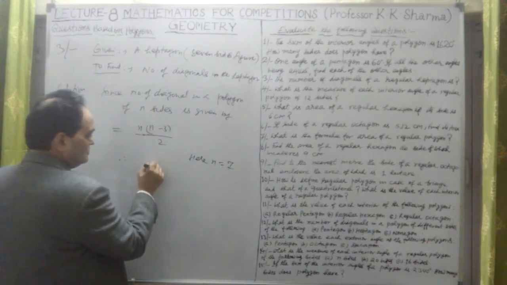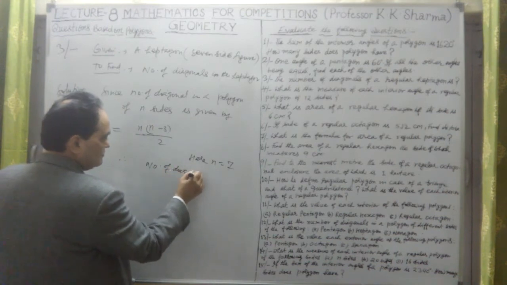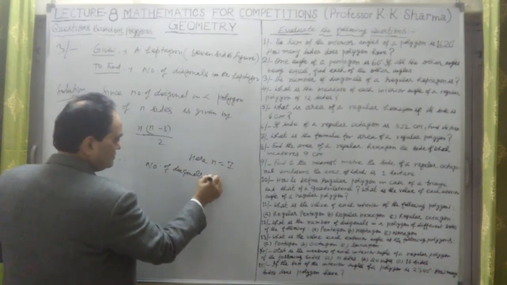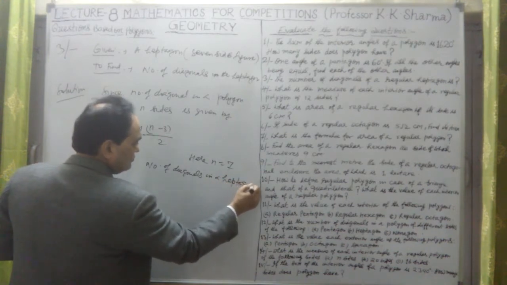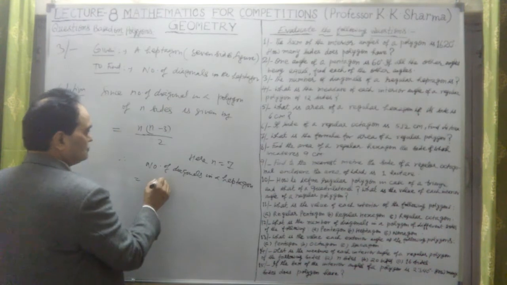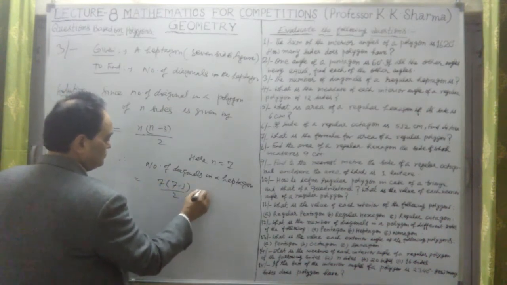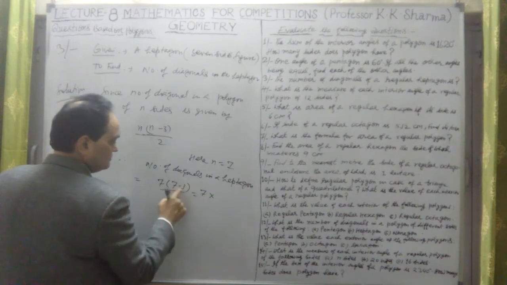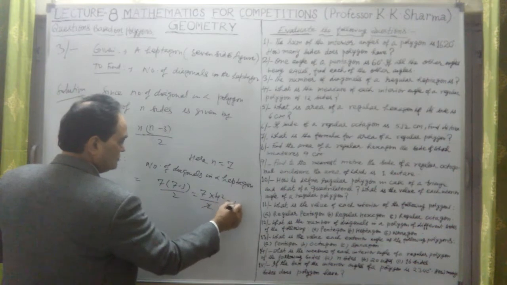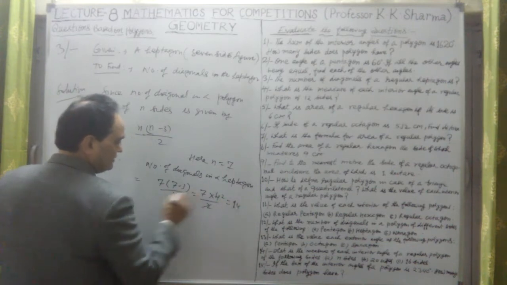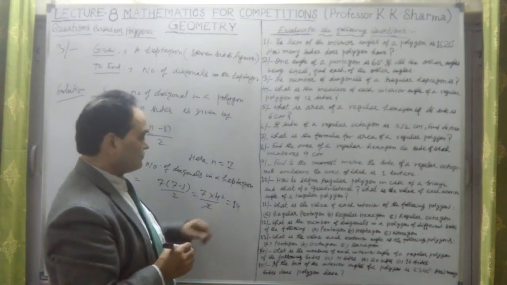Therefore, the number of diagonals in a heptagon is equal to 7 into 7 minus 3 upon 2. So 7 into 7 minus 3 means 4, upon 2. 2 into 7 is 14. The number of diagonals in a heptagon is 14.